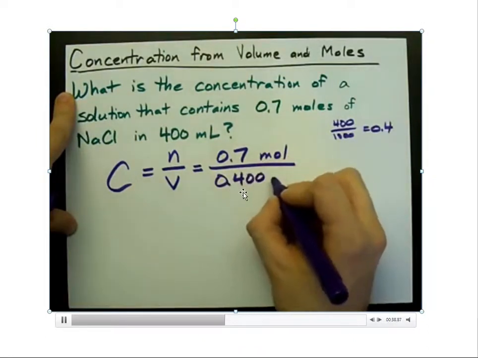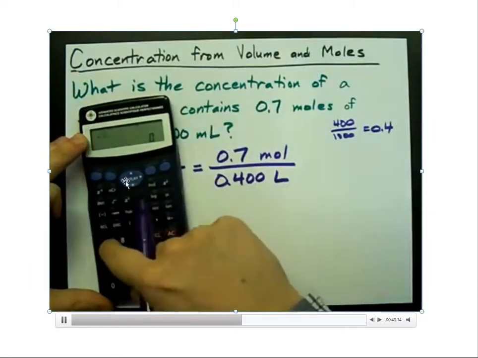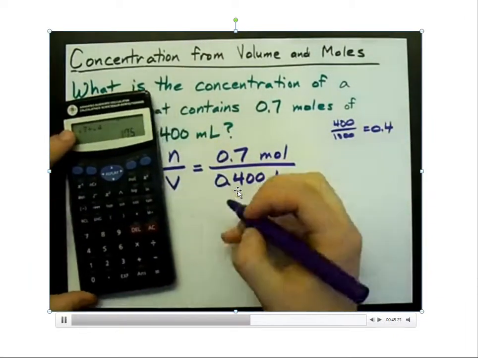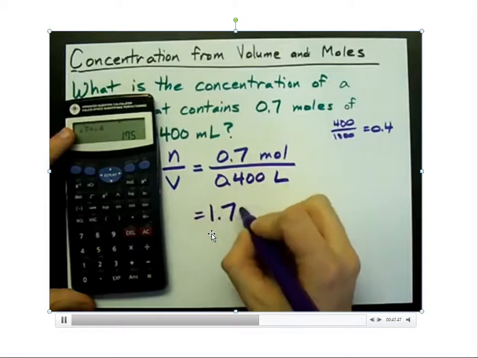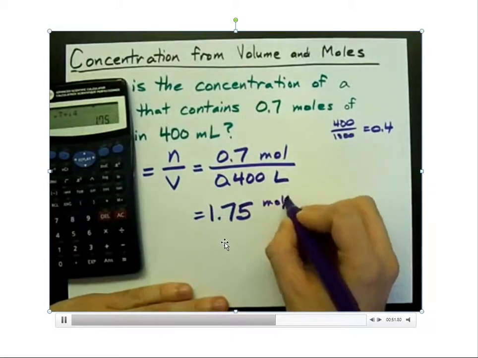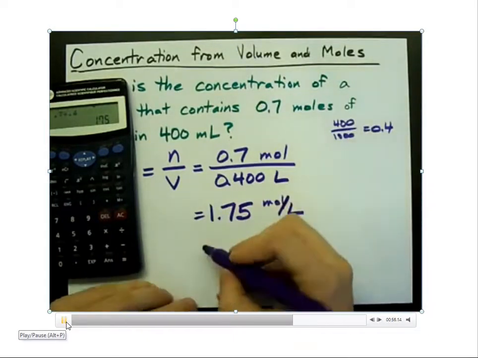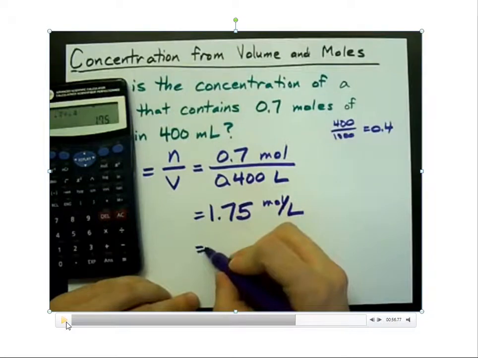So 0.4 liters or decimeter cube. Now if I divide 0.7 by 0.4, I get the concentration, which is 1.75 moles per liter or moles per decimeter cube.